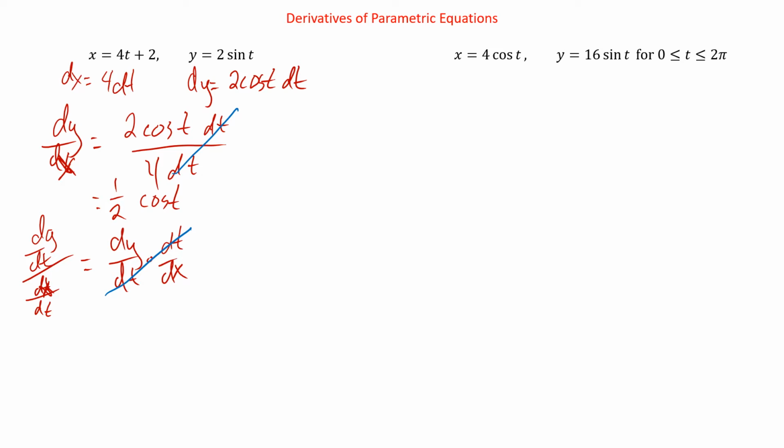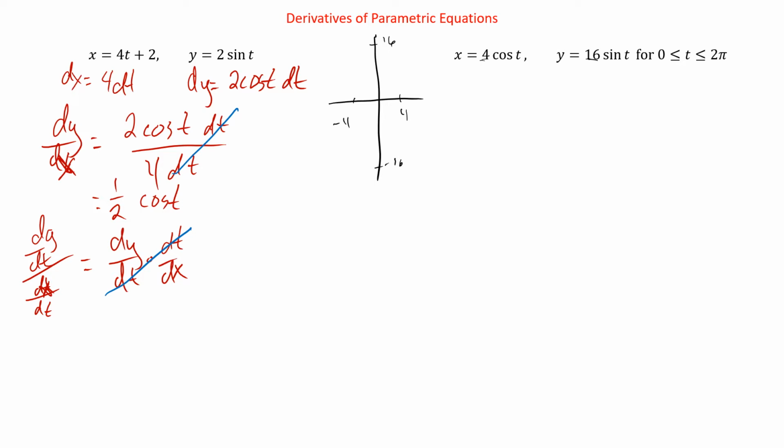This graph is the graph of an ellipse. Specifically, we have 4 here, which means we're going to go out 4, back -4, and the 16 here tells us we're going up 16, down -16.